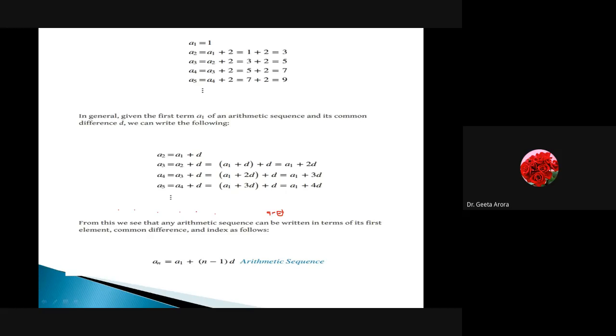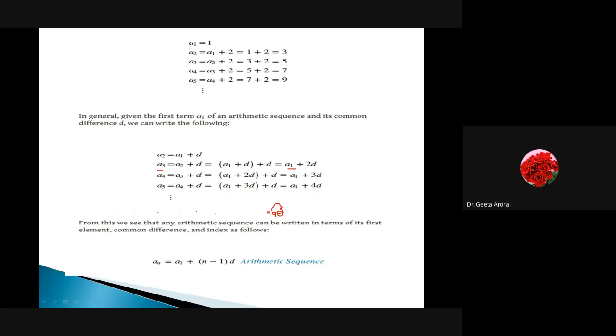This is what the general form gives me, that a_n = a_(n-1) + d. If I use the 99th term and add d to it, I will get the 100th term. But I don't think it's so easy, because in the same way I would have to calculate the 99th value. So instead of doing that, we are going to write each of the terms in terms of the initial one.